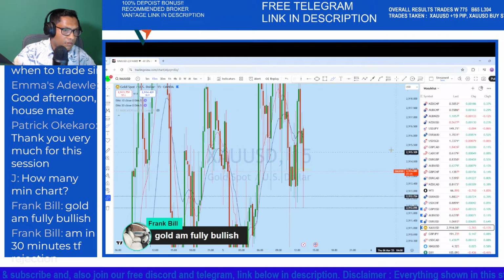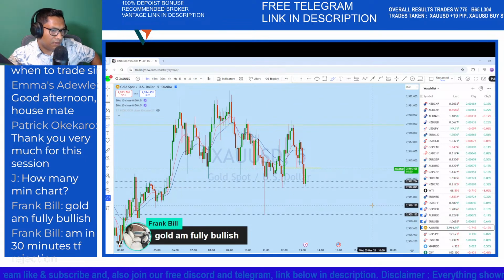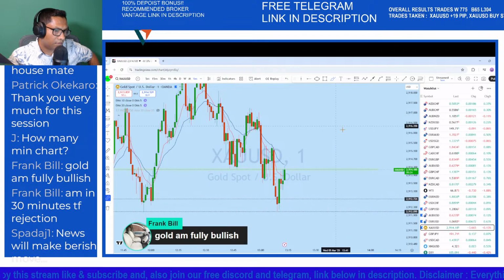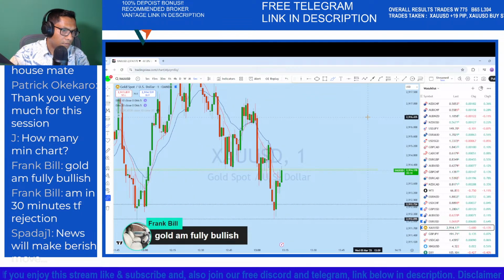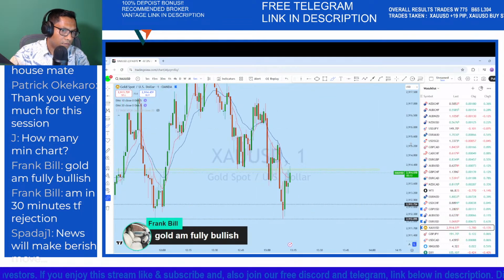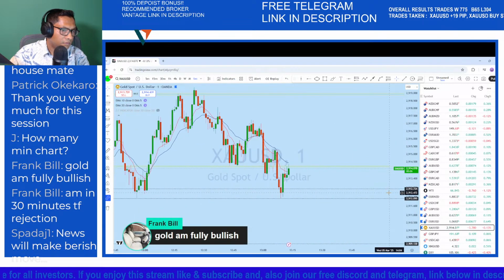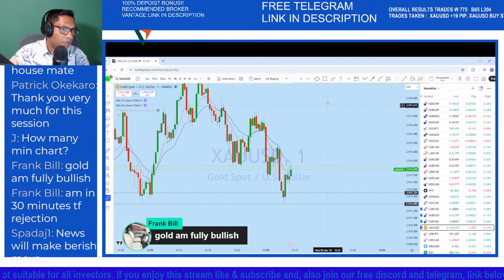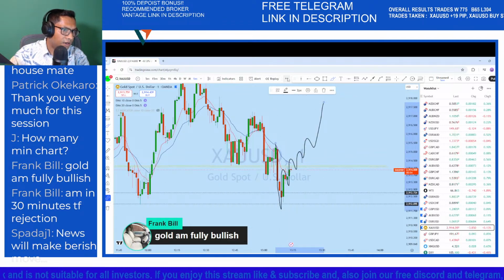And look at the 5 minutes here. So you can see that with this drop, pullback, support, the market is trending, creating a series of higher highs and higher lows.